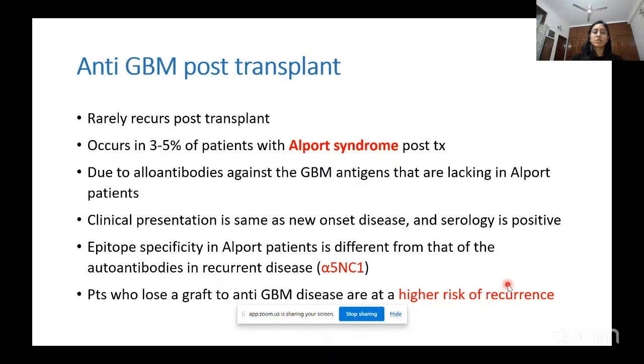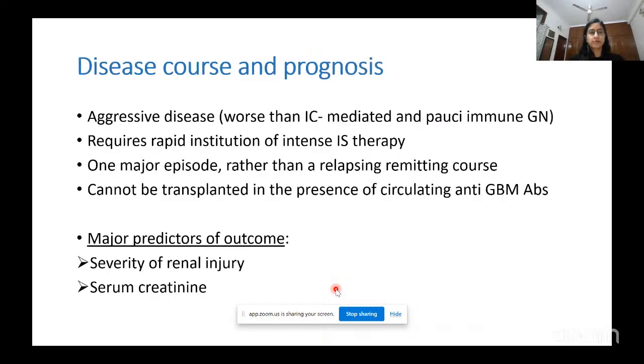Such patients will have a clinical presentation similar to a new onset disease, and the serology will also be positive. Another important thing is that in these, the antibodies are directed against the alpha 5 chain, not the alpha 3 chain. And these usually have a higher risk of recurrence.